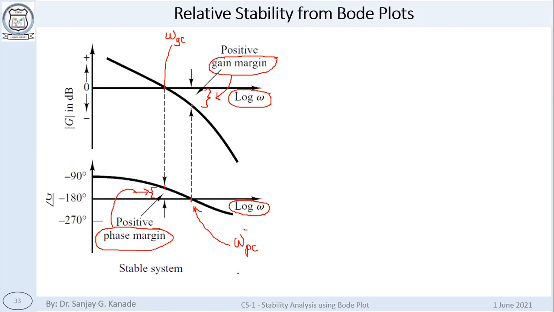Similarly, from phase crossover frequency, take a vertical line, find out what is the gain at that particular frequency, and the difference between 0 dB and that particular gain will give you gain margin. Now, for a system to be stable, you have the condition that omega GC is less than omega PC.